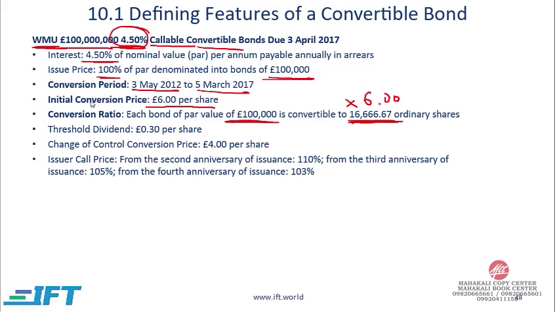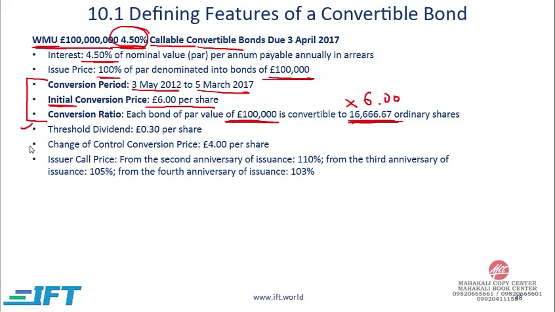Another subtle point is that we are given an initial conversion price. This is the conversion price at issue date. Now after this, if there are certain corporate events like stock splits and so on, then the conversion price can change. I have highlighted these three terms because in the context of convertible bonds, you must understand these terms: the conversion period, the conversion price, and the conversion ratio.